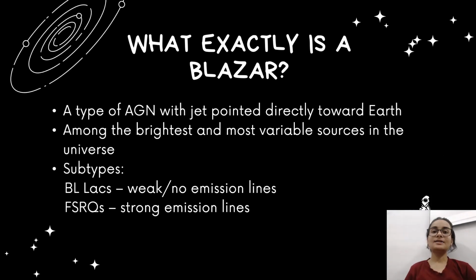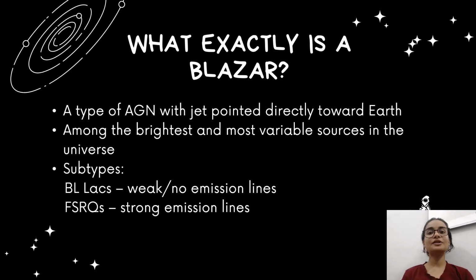So what are blazars? In our last lecture, we discussed different types of AGNs. We classified AGNs into different types based on the observer's viewing angle. We classified them as Seyfert galaxies, quasars, blazars, like this, right?